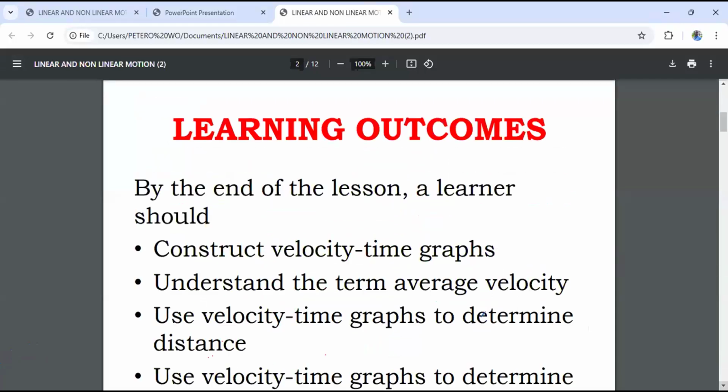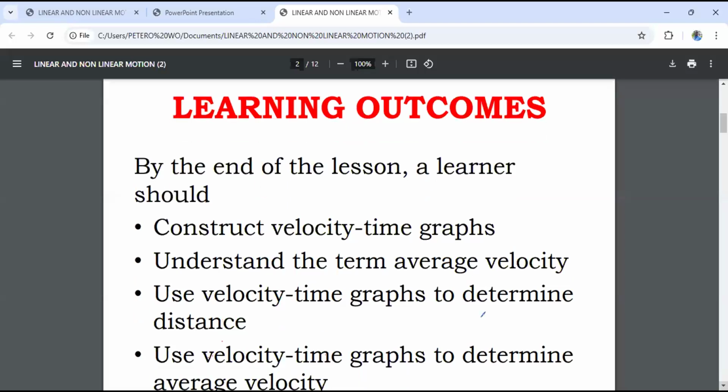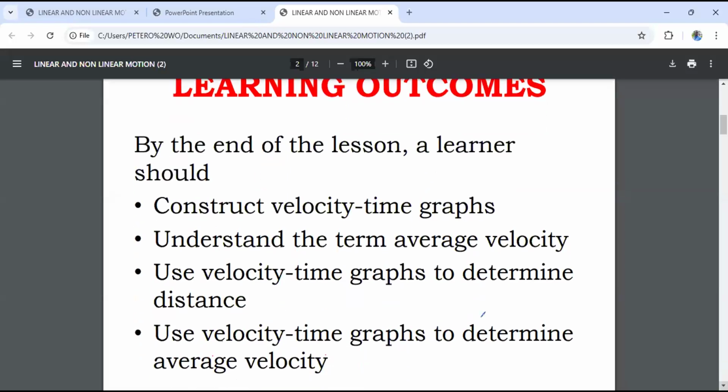So today's lesson, we expect by the end of the lesson, a learner to have these. You should be able to construct velocity time graphs given their descriptions. You should also understand the term average velocity.